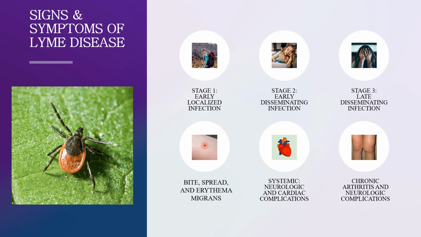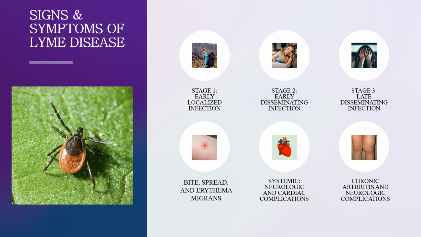There are several people who have no idea they have even been bitten by a tick, let alone seen a rash, to be able to tell the physician that they had been bitten by a tick. So the rash can be common, but it's not 100% all the time that you're going to see that on a patient who has been infected with the Lyme bacteria. So with the rash, though, if you do happen to see it, because the bacteria will spread locally in the skin tissues first, it will cause the rash to expand.